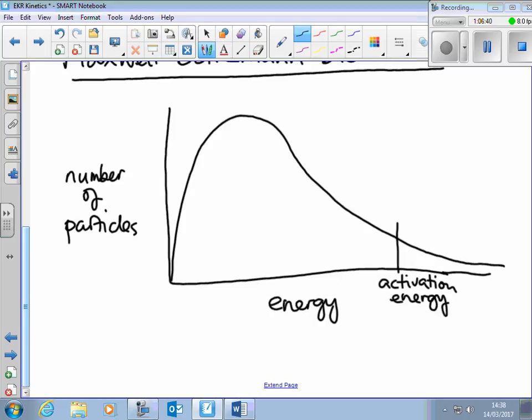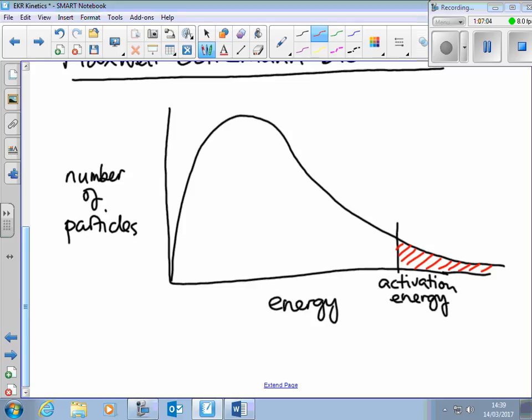And so quite clearly, not all the particles in this container have got enough energy to react. But any of the particles in this category here would have activation energy or more, so they would be able to react. Okay?